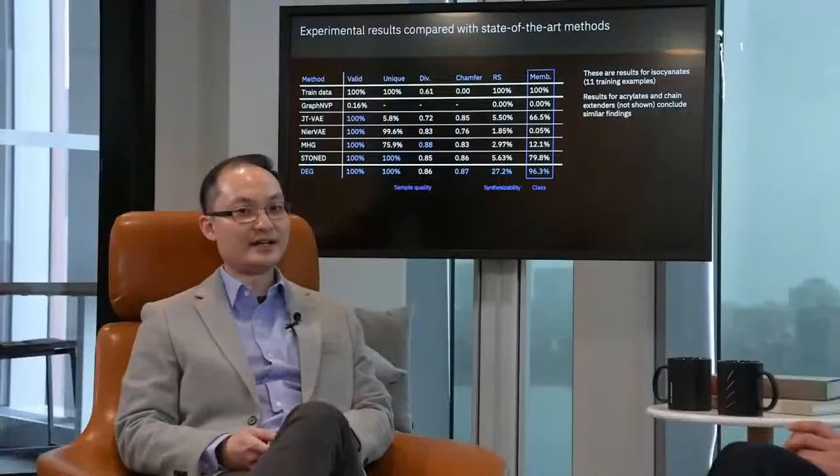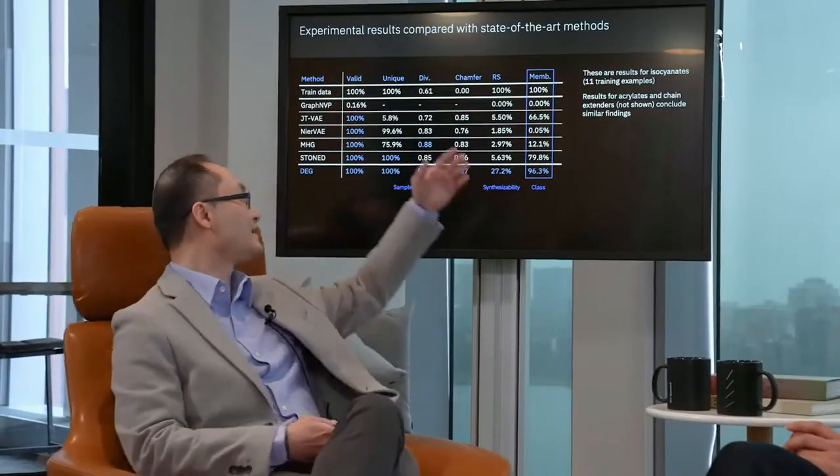Jie, I have a question for you. What do you think it is about this method that is leading to these strong results that's different from some of the alternatives that are listed here? I would say one important thing is the data efficiency, as I mentioned at the very beginning. A lot of methods here, like the graph MVP or GTVAE, are deep learning methods. They require a large amount of training data.